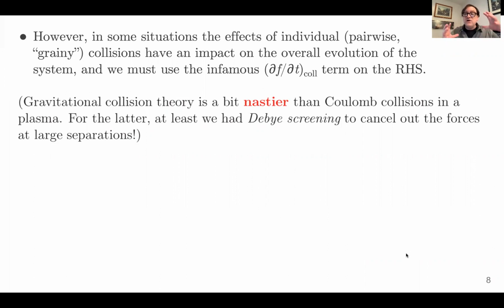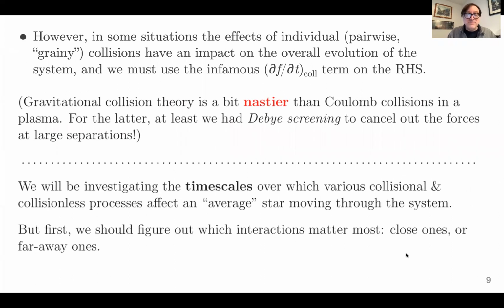That was the scale over which you could stop worrying about Coulomb collisions, because bigger than that, the screening effect basically balances out all of the positive and negative charges, and there's no electrostatic forces beyond that. But gravity doesn't have positive and negative, it just has the one sign. So gravitational forces keep building at large distances, and we'll quantify that in just a minute.